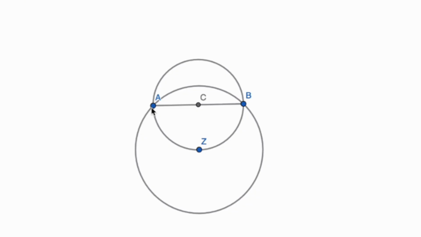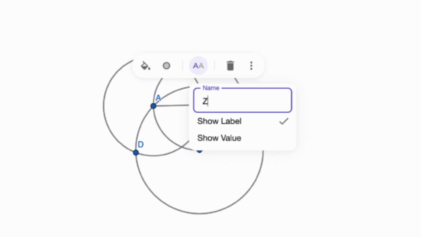So we can first draw a circle centered at A passing through our point D, and then we let the intersection be, it's C right now, but I'll rename it X later.